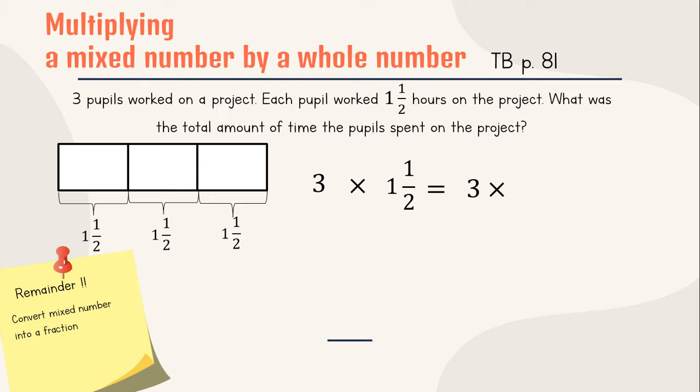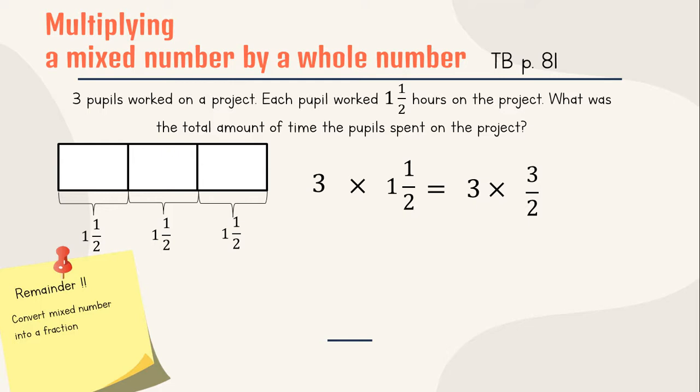So what is the improper fraction for this mixed number? Don't forget, this is how you make it into a fraction: 2 times 1 equals 2, plus 1, 3. So the numerator will be 3 and the denominator will be 2. So what we have is 3 times 3 per 2.